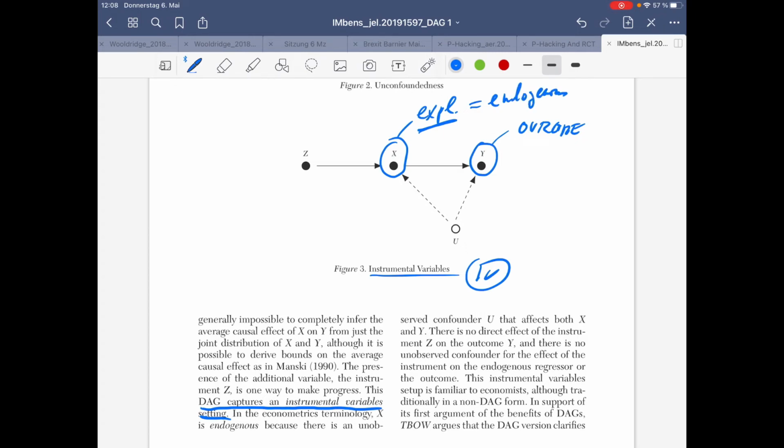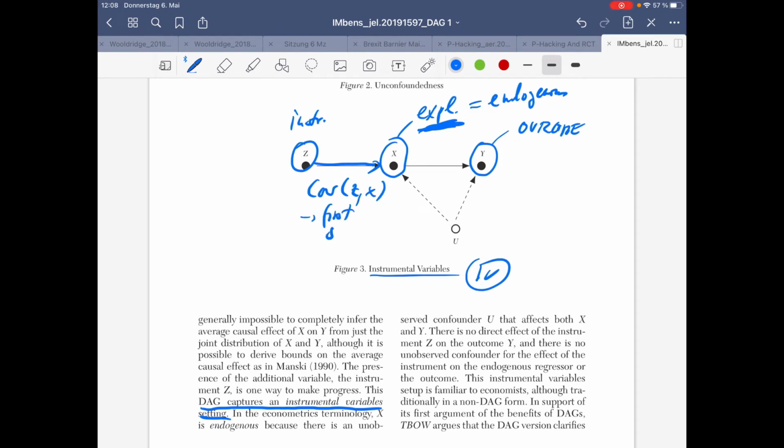And because it is endogenous, we need an instrument to instrument the endogenous explanatory variable. To do that, we need a positive or negative covariance between these two guys.